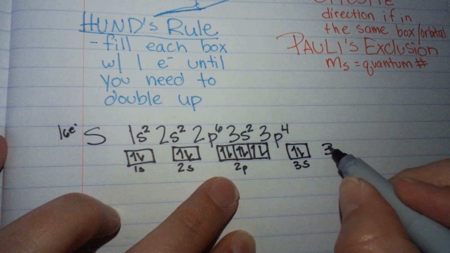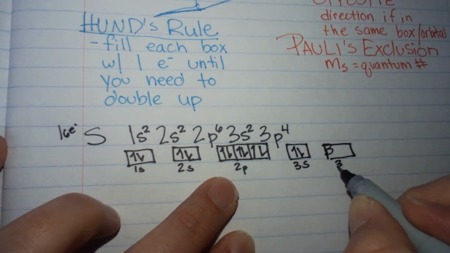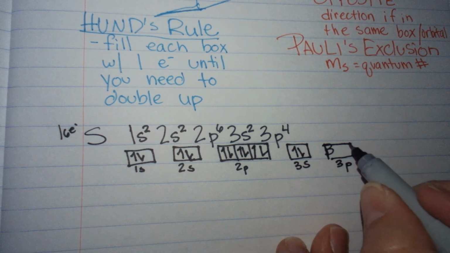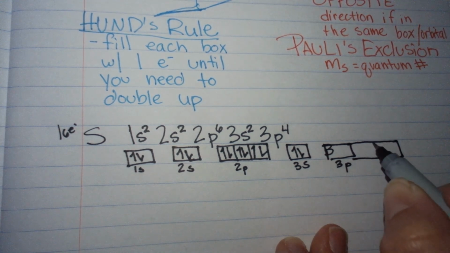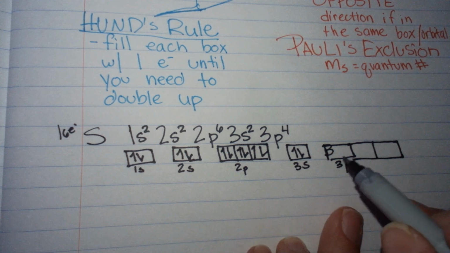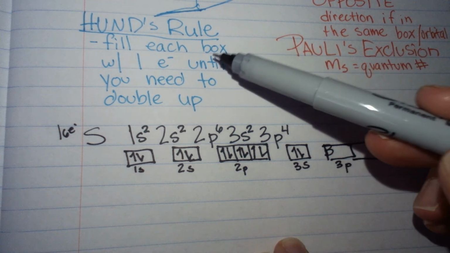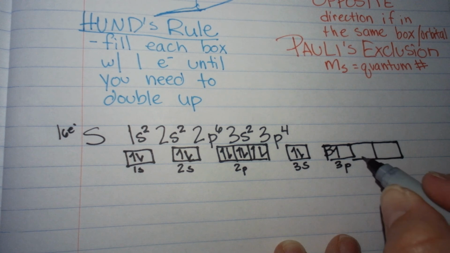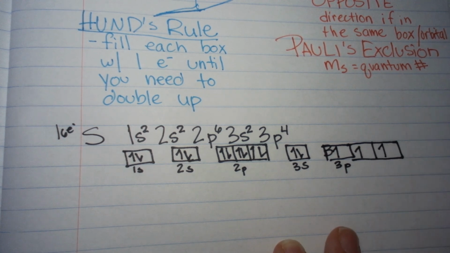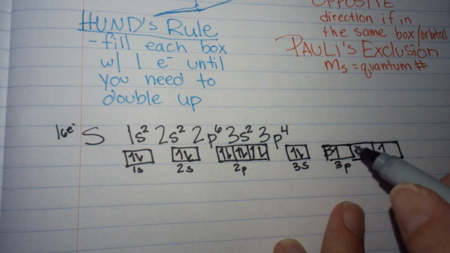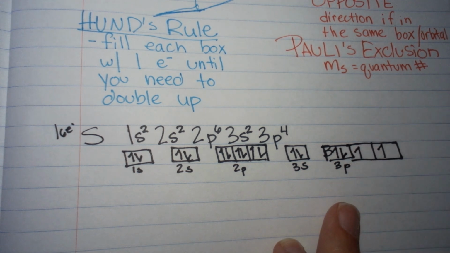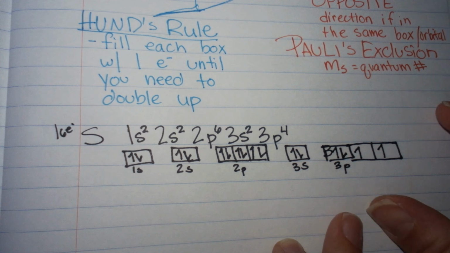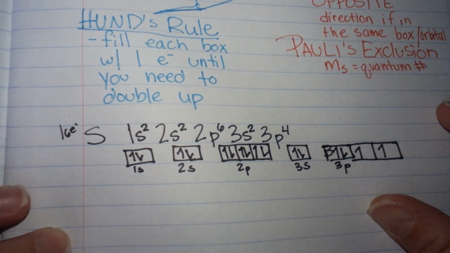Making a box. All right, so 3p has 3 boxes, so we're going to go Hund's rule: 1, 2, 3. And then the 4th one comes back and fills in, going the other direction. All right. Thumbs up if that makes sense. You got it. Easy peasy.